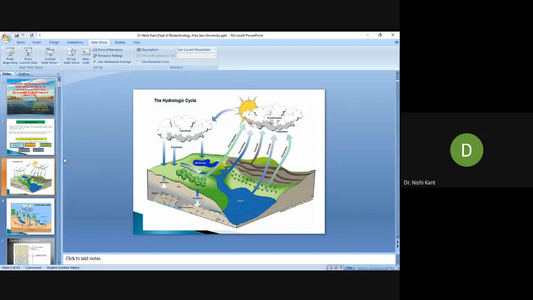Hydrology finds its greatest application in the design and operation of water resources engineering projects.